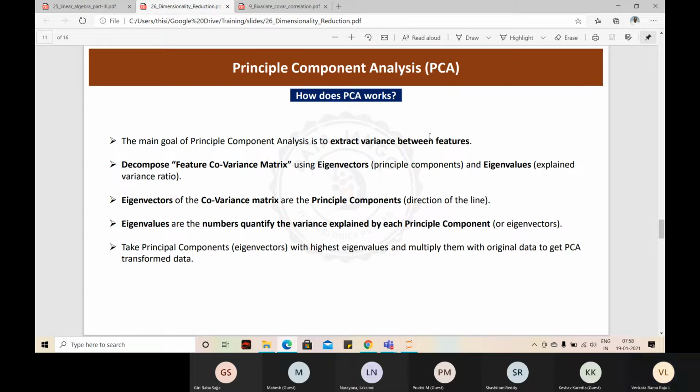Okay. So to extract something out of a matrix, we have a tool, right? Eigenvector, eigenvalue decomposition. So far good, right? Eigenvector decomposition is actually extracting the essence from a matrix.